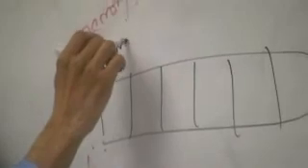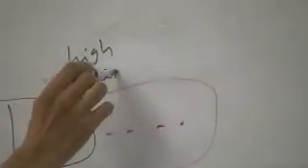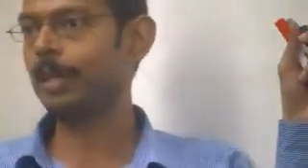You can say this is a low memory end, this is a high memory end. What I mean by that is the memory addresses could be listed in increasing order. So I can say this is a low memory end and this is a high memory end.